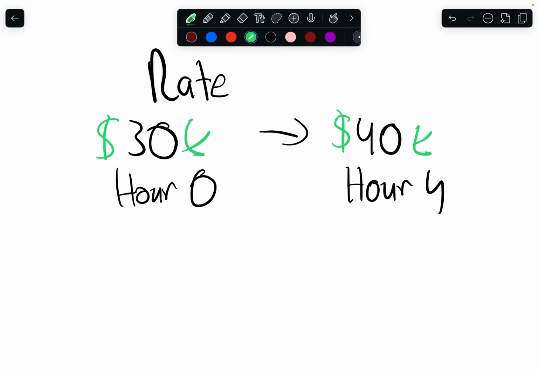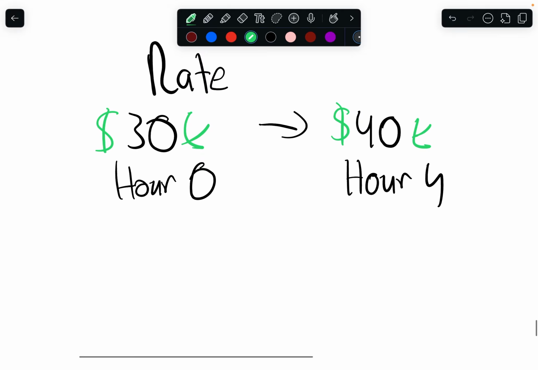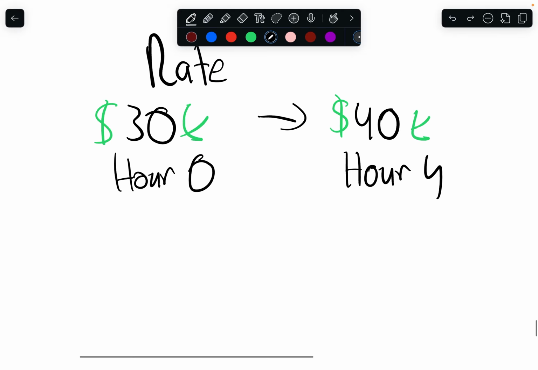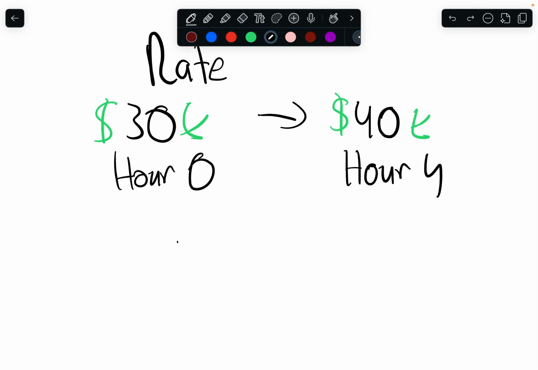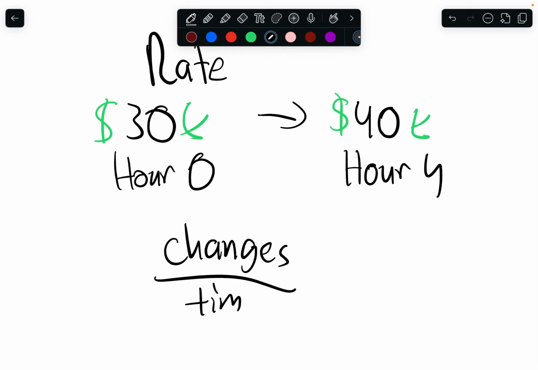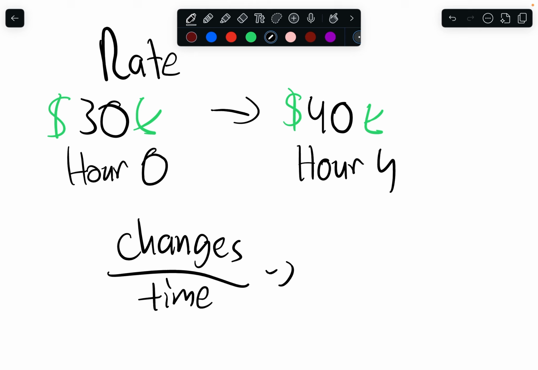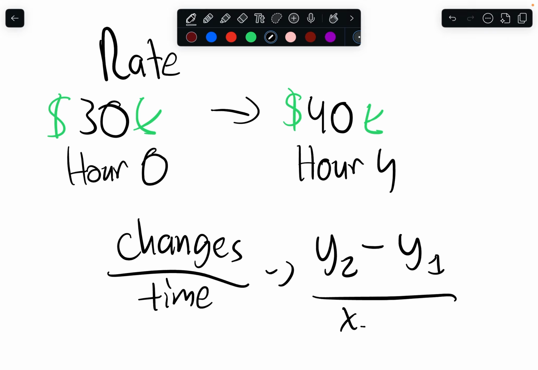To calculate rates, all you're really doing is just finding out how much something changes. To calculate a rate, it's really simple. You just find out how much something changes over the time. In this context, to make it more official and into its actual formula, it would be y2 minus y1 over x2 minus x1. This represents your function or anything that you have, the output of your function, and then their respective inputs.